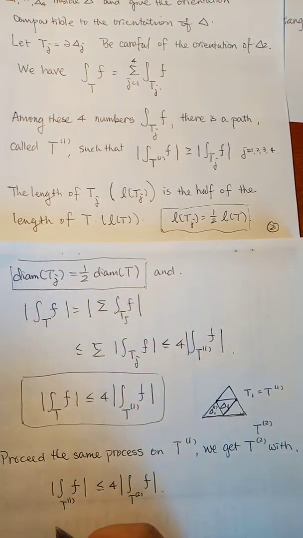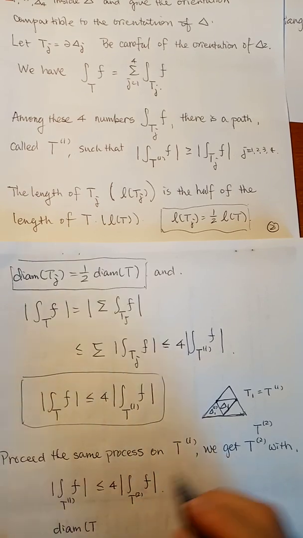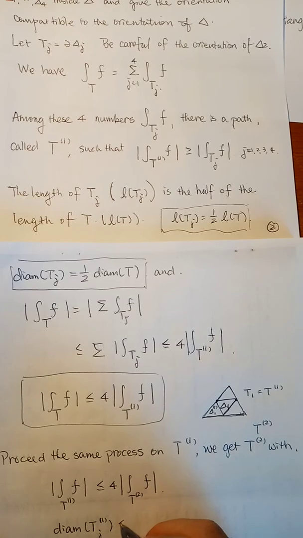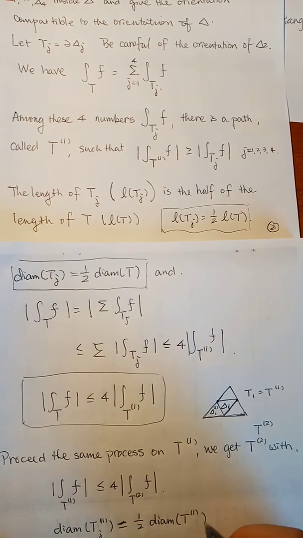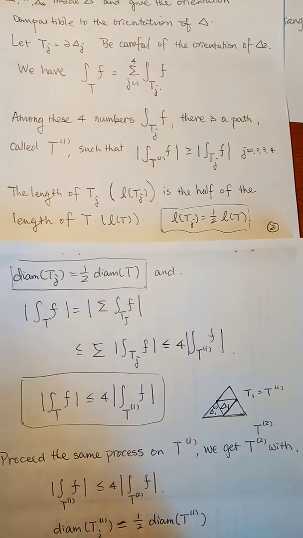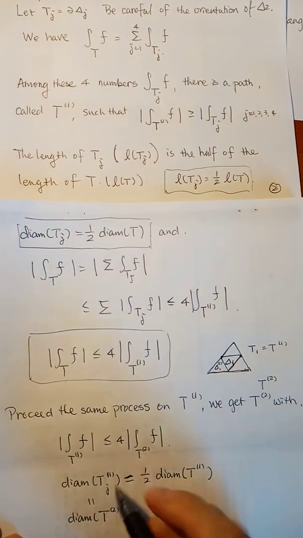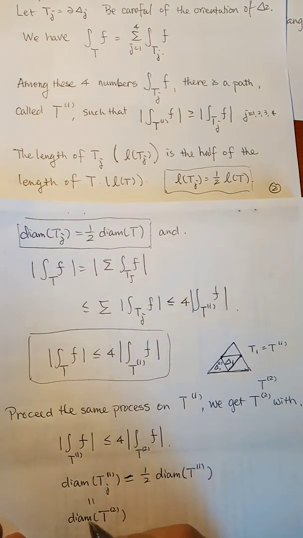And the diameter of T1j, you divide the T1 into 4 parts, is 1/2 of the diameter of T1. And for T1j, this is the same thing for 1, 2, 3, 4, they are all equal. So this one is actually equal to the diameter of T2. T2 is one of them. So you just use T2.